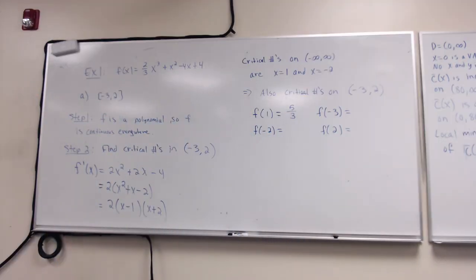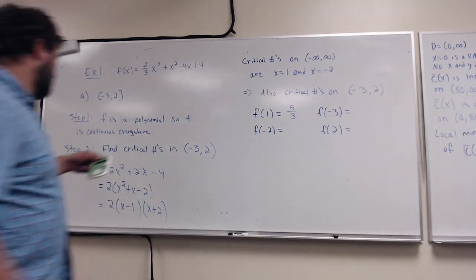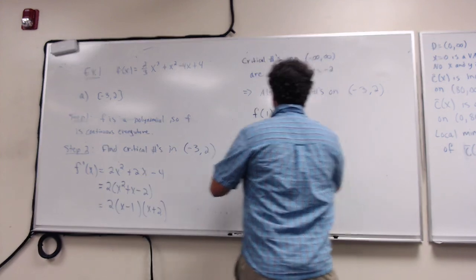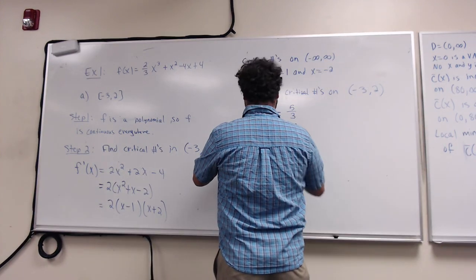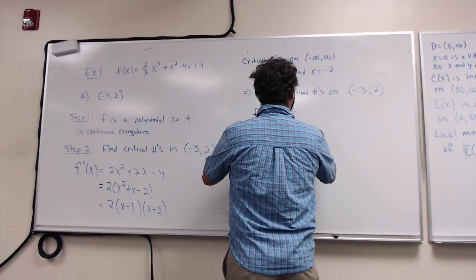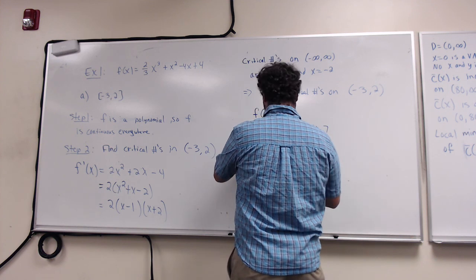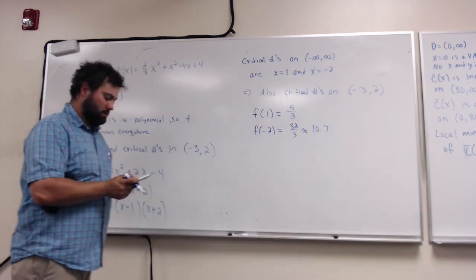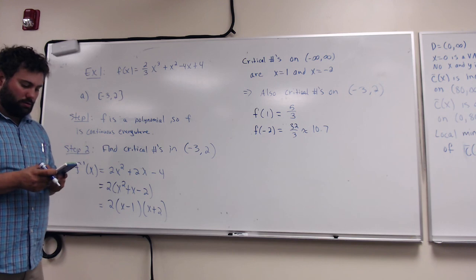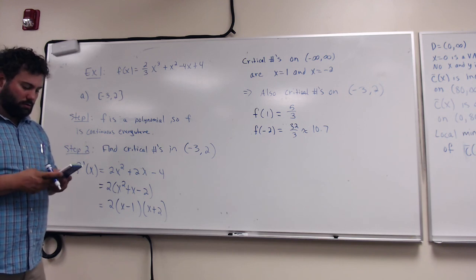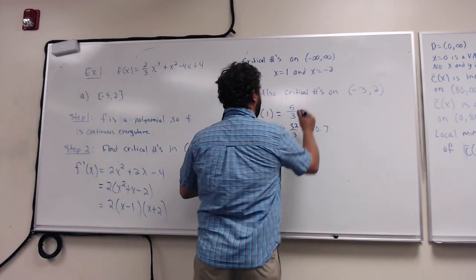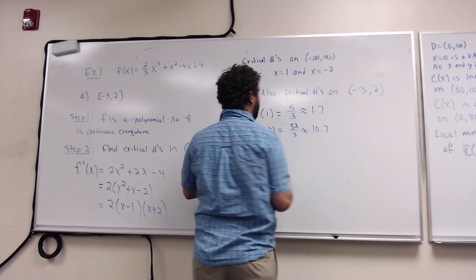Let's get the decimals too, just so we have a good idea what these are. So I got 32/3, which is approximately 10.7. The 5/3 is approximately 1.7.